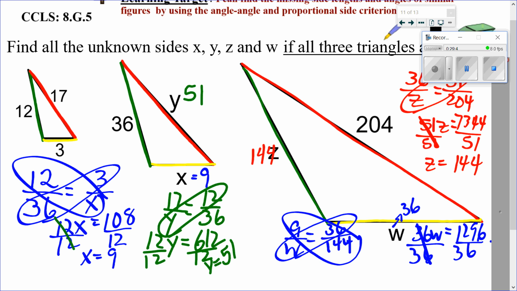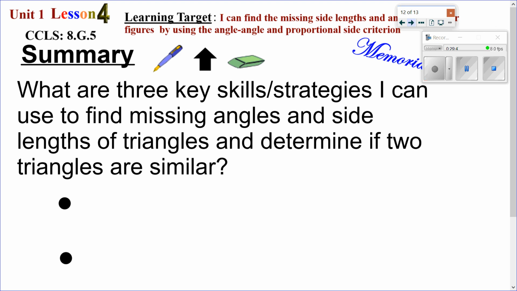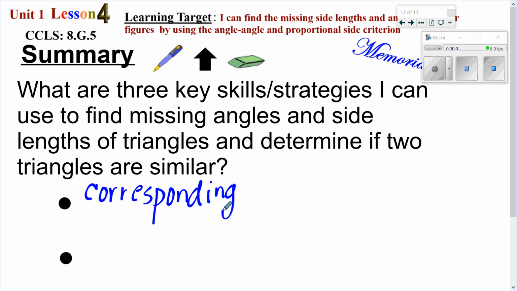Okay, next slide. What are the key strategies I can use to find missing angles or side lengths of triangles, and determine if the triangles are similar? We know that corresponding angles are congruent.